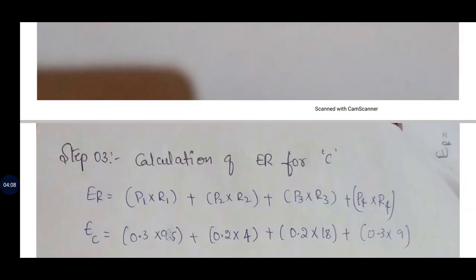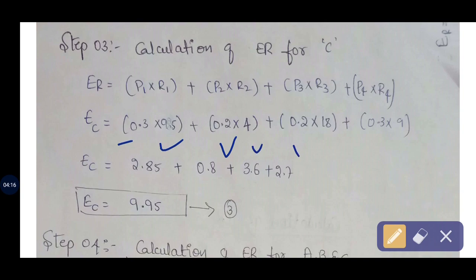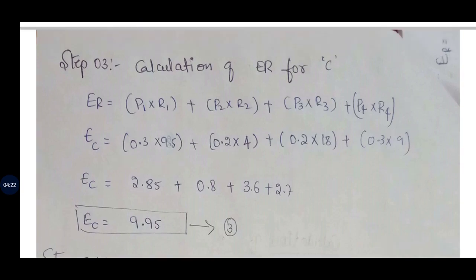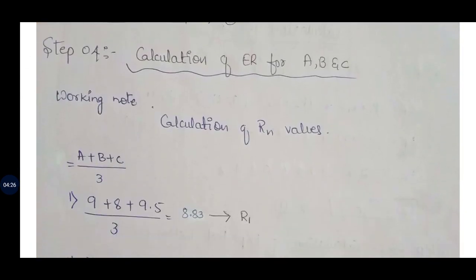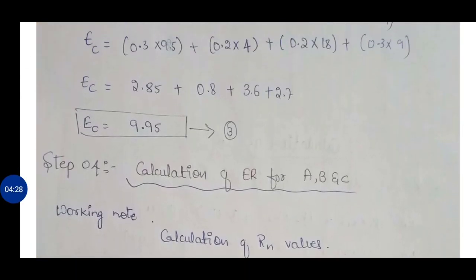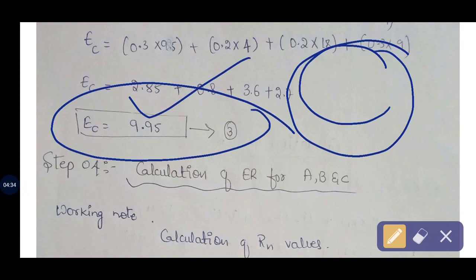Probabilities P will be the same for all the securities. So 0.3 into 9.5, 0.2 into 4, 0.2 into 18, 0.3 into 9. After multiplying and adding, the expected return of C instrument will be 9.95.